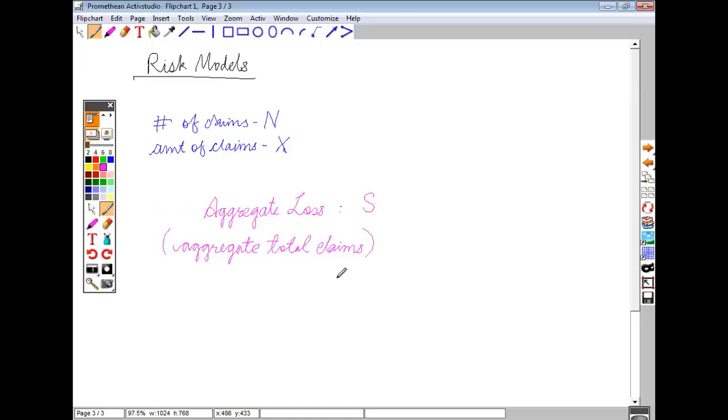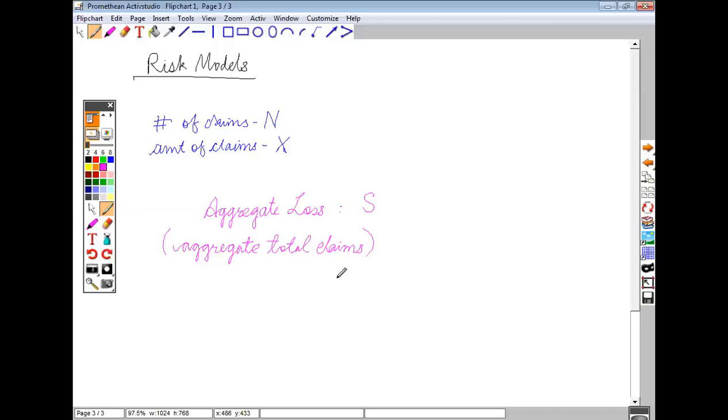So this is what I'm looking at. I know the number of claims is N and the amount of claim is X, and these are random variables. So I want to define my aggregate loss in terms of my aggregate total claims, which I have to incur as an insurer.